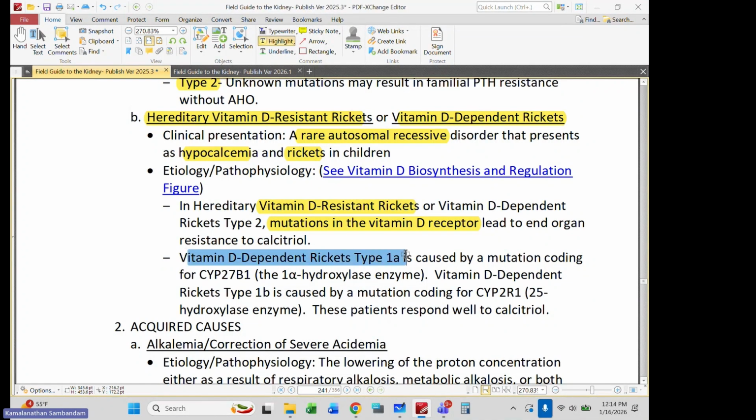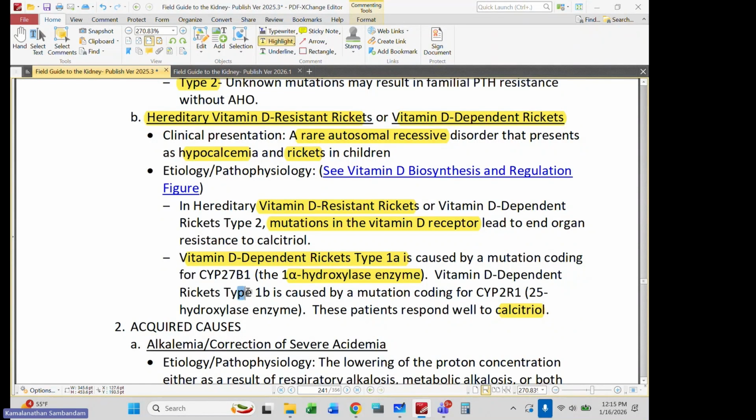In vitamin D dependent rickets, there's a mutation in the enzyme that converts 25-hydroxy vitamin D into 1,25-hydroxy vitamin D. That is, 1-alpha hydroxylase enzyme is deficient in so-called vitamin D dependent rickets. Obviously then these patients will have deficiencies in calcitriol. Giving them calcitriol will result in improvements in this cause of hypocalcemia.